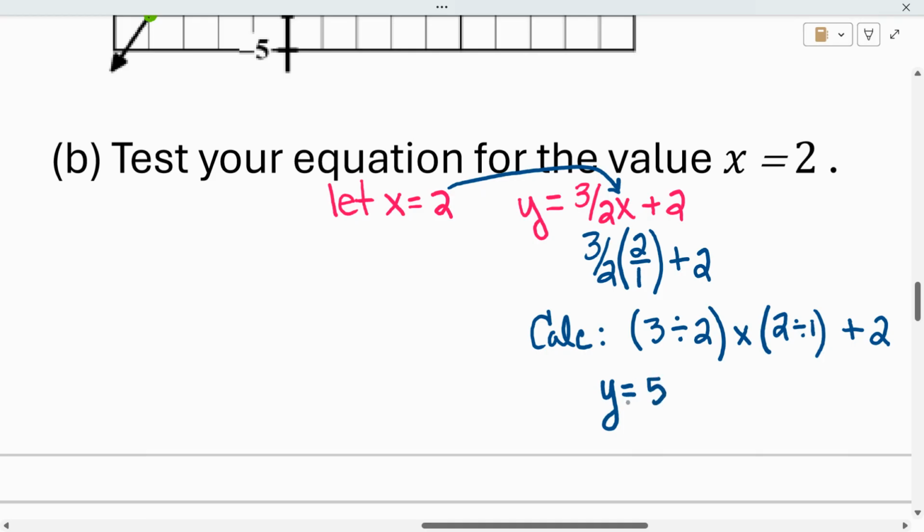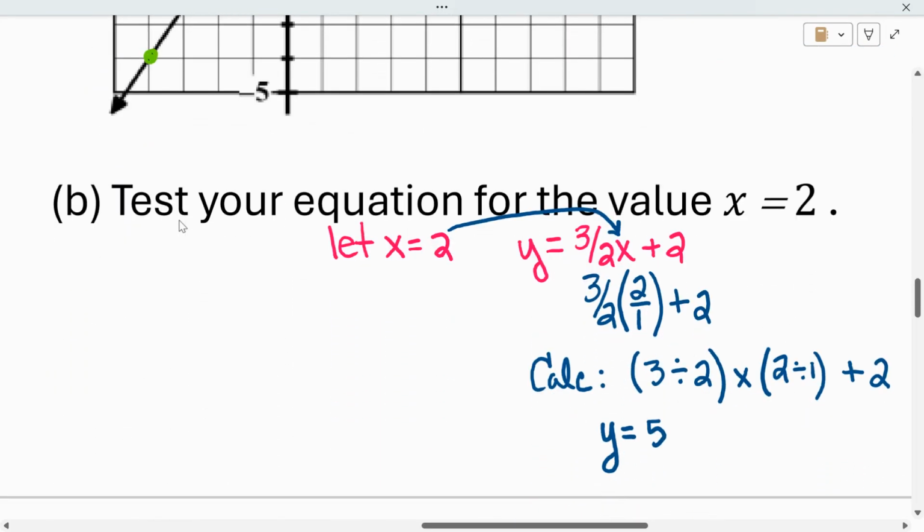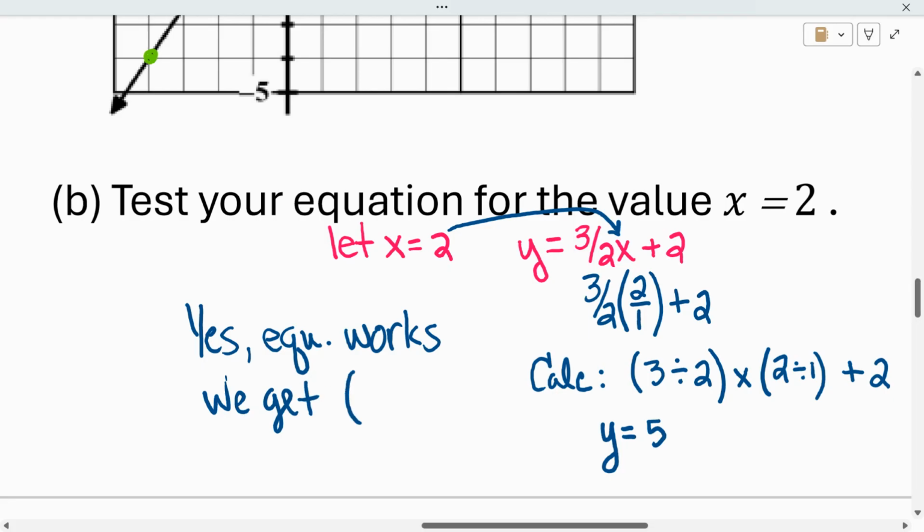5. What are we supposed to get? 5. Yeah, the ordered pair up here is 2, 5. That's what we should get. So, yes, our equation works. We get 2, 5, which is from the graph.